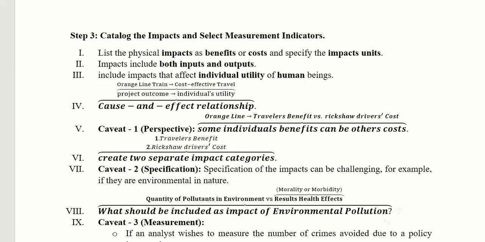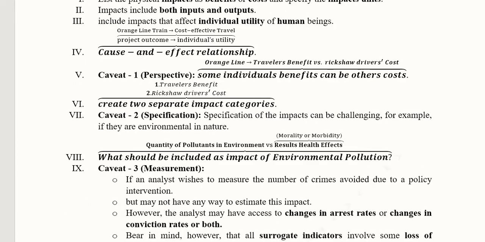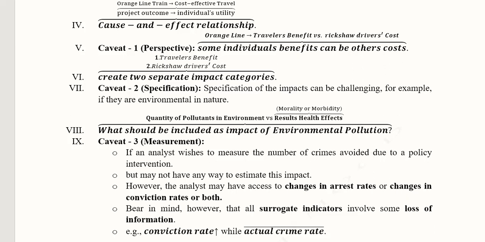So the cause and effect relationship is understood in this, so that we understand the benefits and the costs in the process. However, there are some caveats, and the perspective and specification and measurement caveats, they are there.